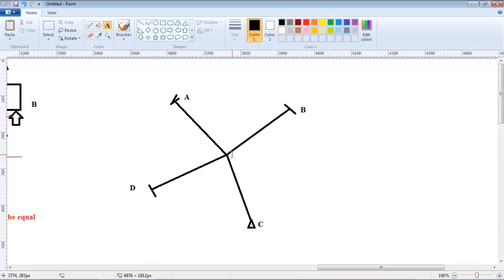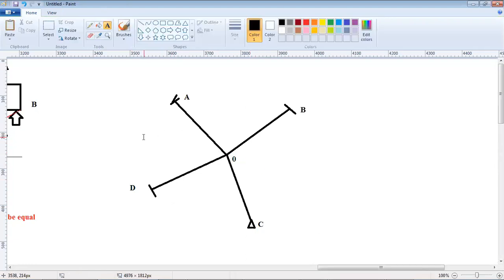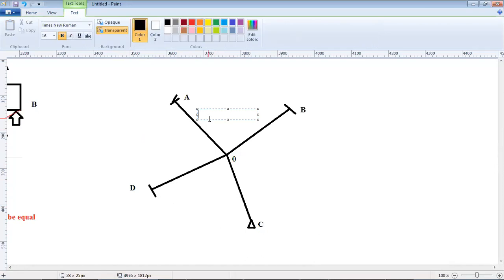Now this point at the center, let it be O. What is the property of AO? Let I1 be its moment of inertia, the modulus of elasticity is the same for all, it's E, and the length of this member is L1.